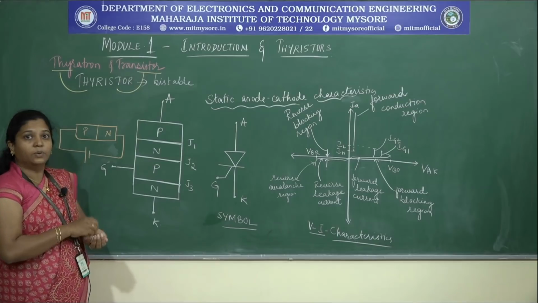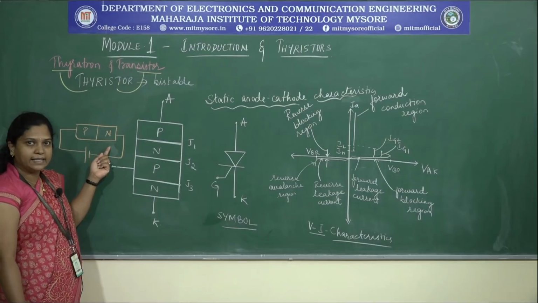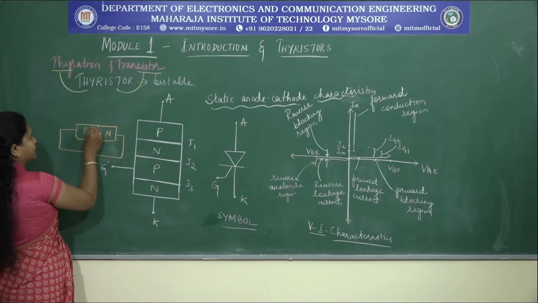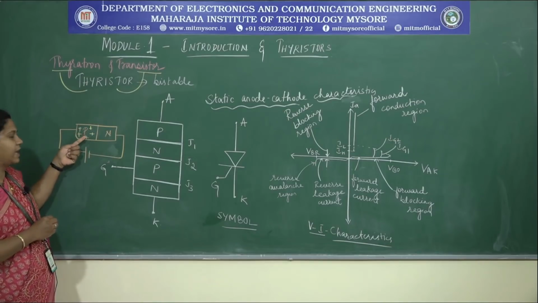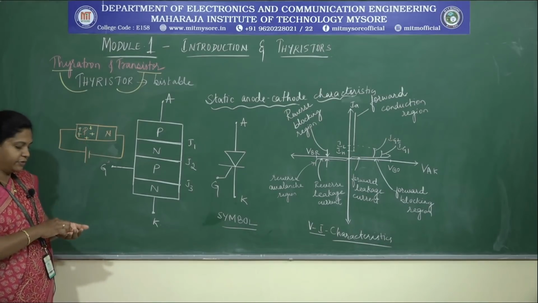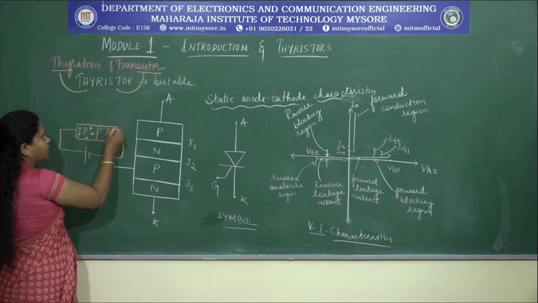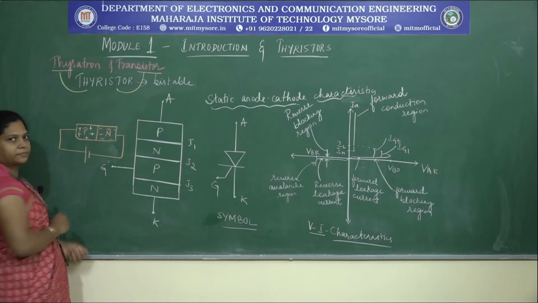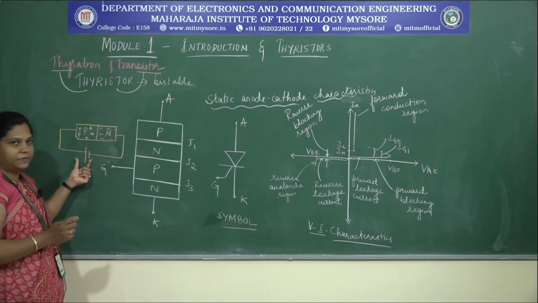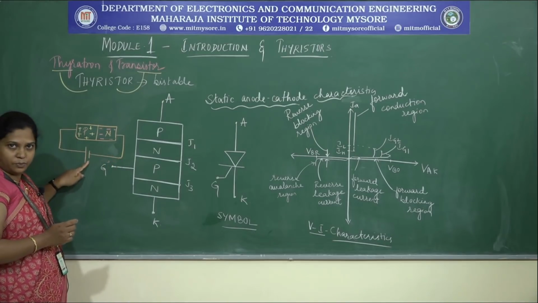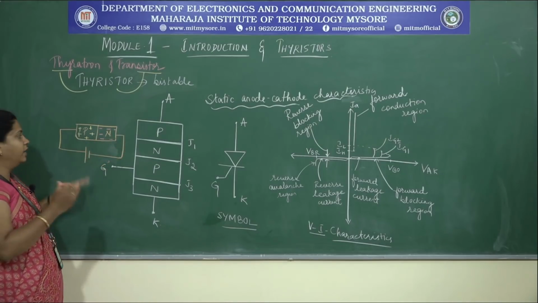And we also know that in case of a P region, what is in excess? Holes are in excess. In case of N region, electrons are in excess. So now when we connect the battery, the positive potential across the P layer and the negative potential across the N layer, then what happens?